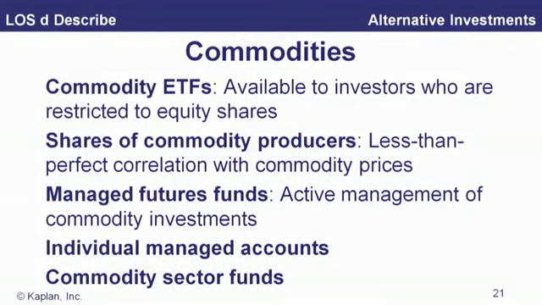So, how will we invest in commodities? Well, we could have a commodity ETF, exchange-traded funds, so very liquid, traded on the exchange, available to investors who are restricted to equity shares. So if that's the only exposure you can get, then it's there. You can also buy shares of commodity producers, like the gold miners or the junior gold miners.